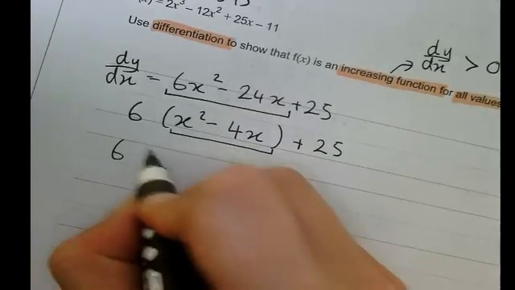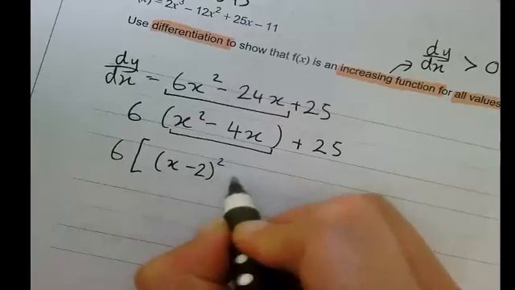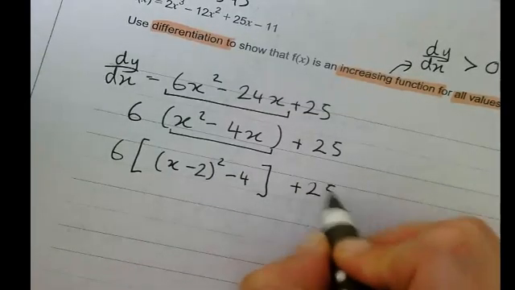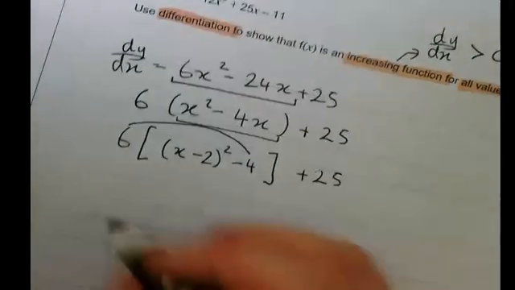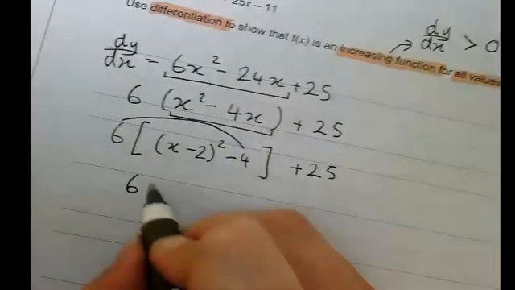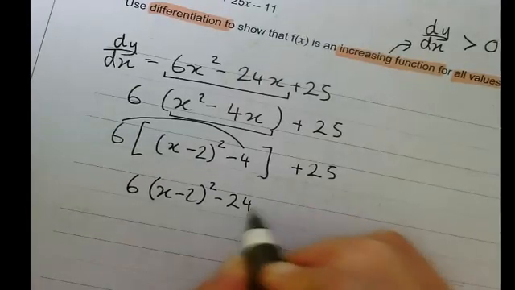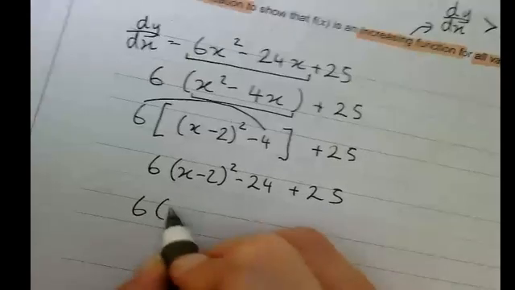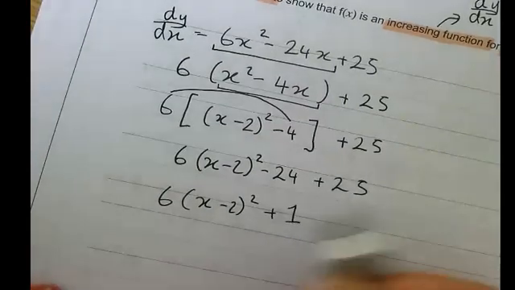So I've got 6 lots of, and then use a double bracket, x subtract 2 all squared, subtract 4, plus 25. I'm going to multiply out the 6 with the negative 4 so that I can get rid of one set of brackets. So 6 lots of x subtract 2 all squared, subtract 24 plus 25, and collect my like terms. 6 lots of x subtract 2 all squared plus 1.